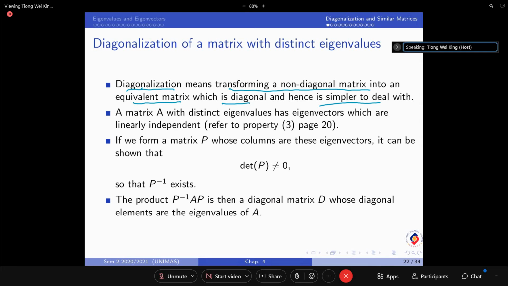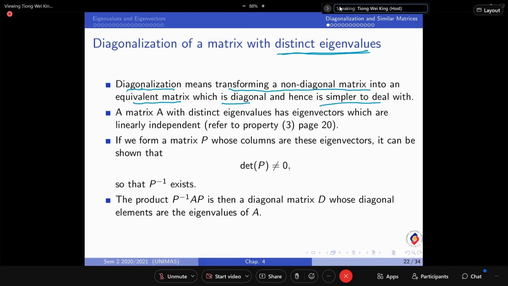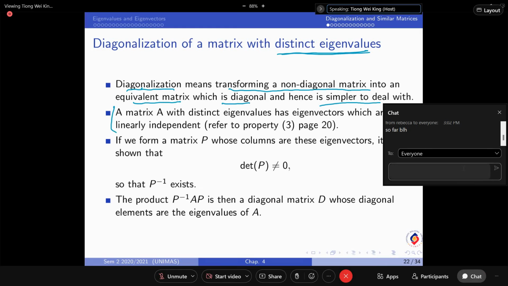The first case, we consider the case where we have distinct eigenvalues, meaning different eigenvalues. It's not repeating, it's not the same. This is the statement that we discussed just now: a matrix A with distinct eigenvalues has eigenvectors which are linearly independent. This is a fact. You need to accept it.